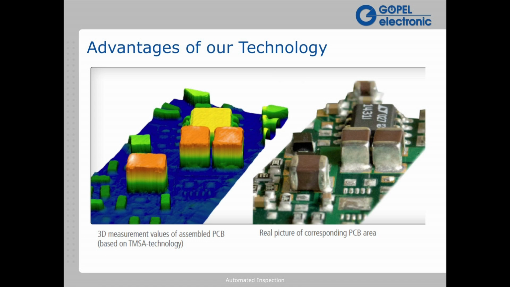To illustrate the measurement characteristics of this system, you can see on the right here a board under test being measured. On the left, you can see the 3D rendering of this particular board. And as you can see in this 3D rendering, you can note the color shifts throughout the z-axis.